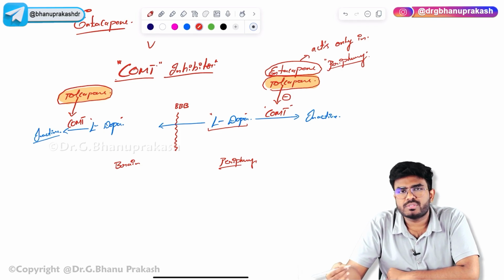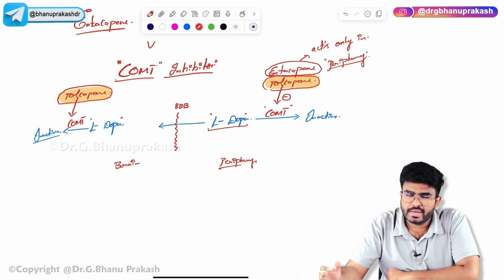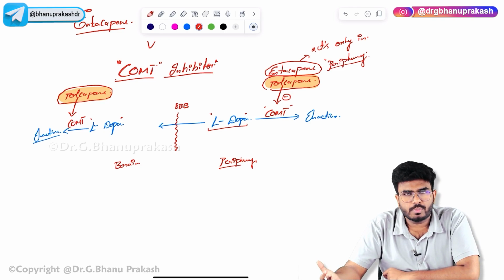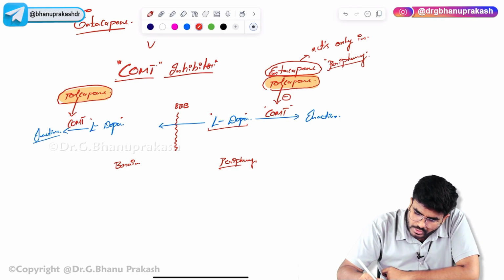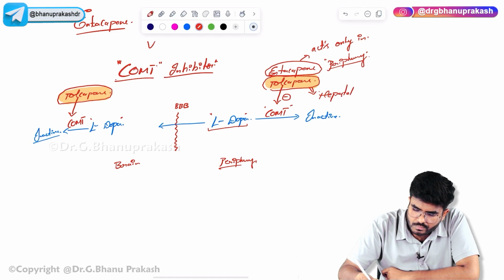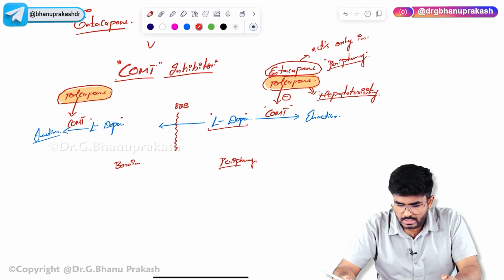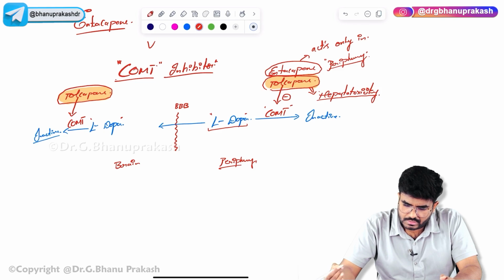In both places COMT is going to be inhibited, levodopa is going to be spared. So levodopa will enter the central nervous system and be converted into dopamine. It looks good. But the problem with tolcapone is that it causes hepatotoxicity. It's a hepatotoxic drug. Liver damage is going to occur by using tolcapone.